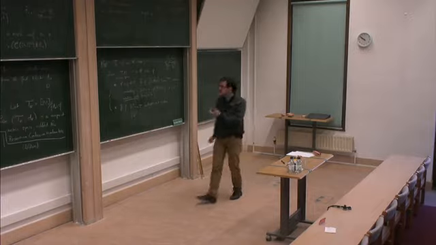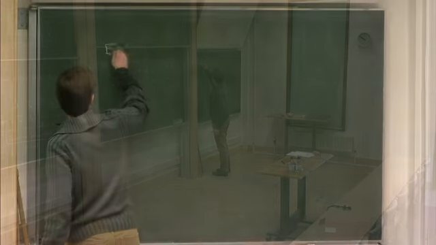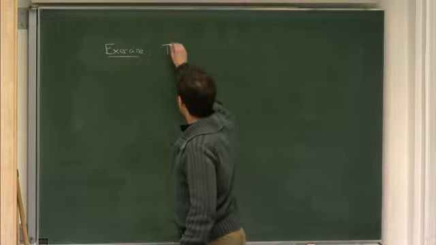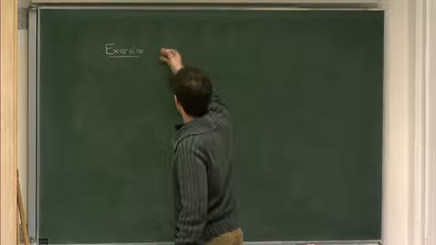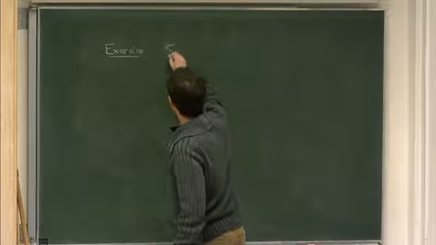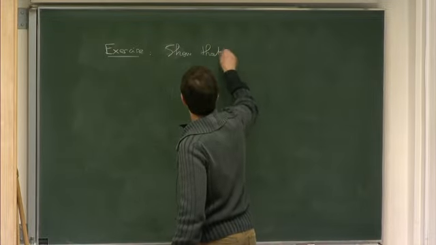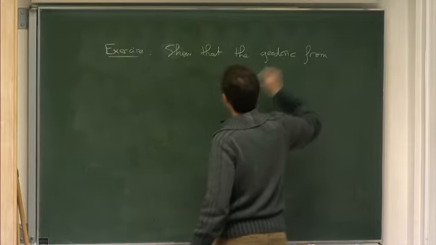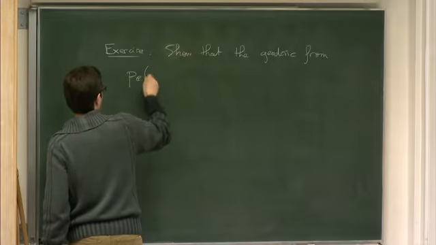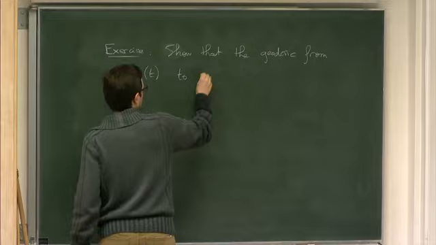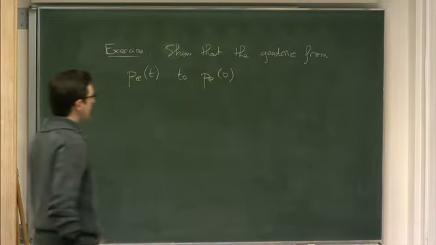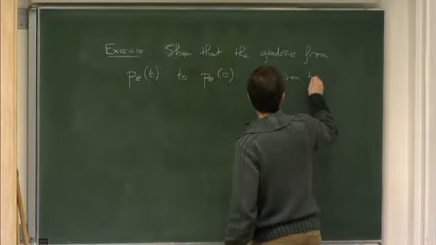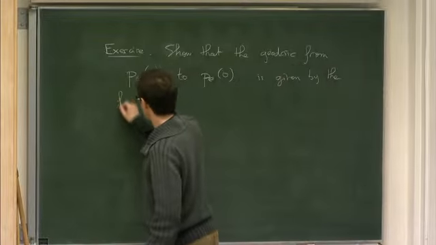But as an exercise, maybe show that the geodesic from the point coded by t, say, to the point coded by 0 in the tree, is given by the following formula.